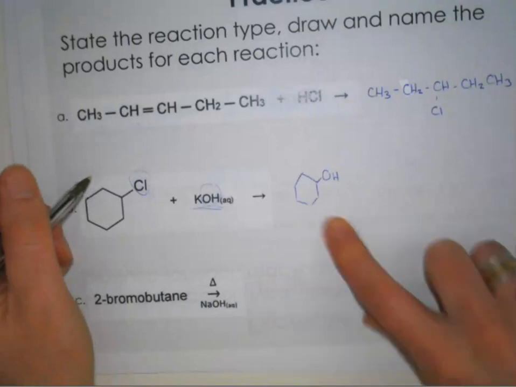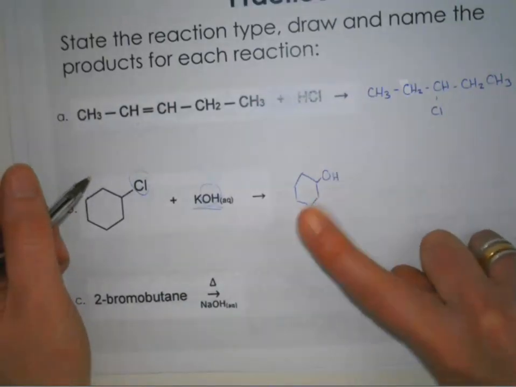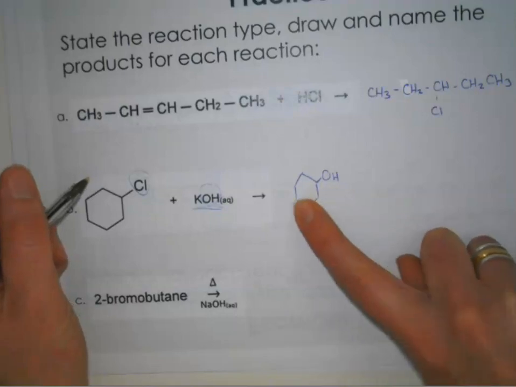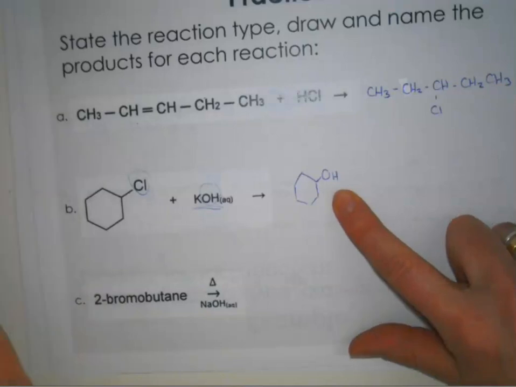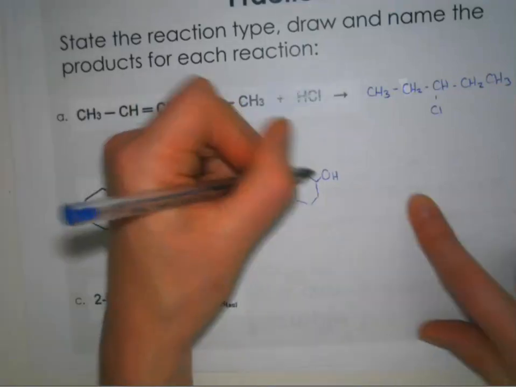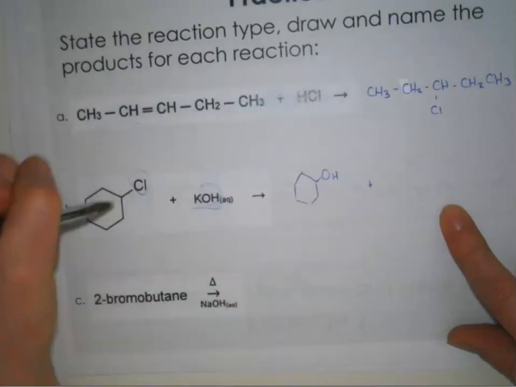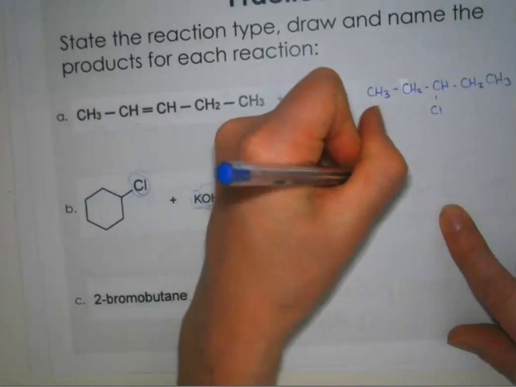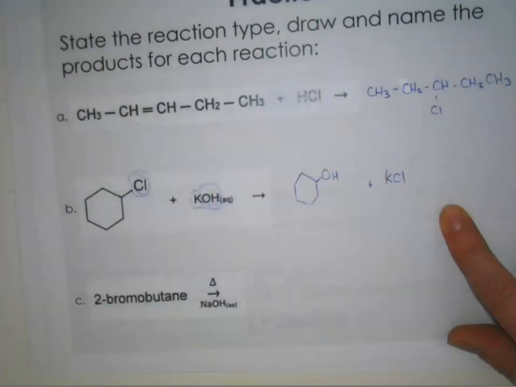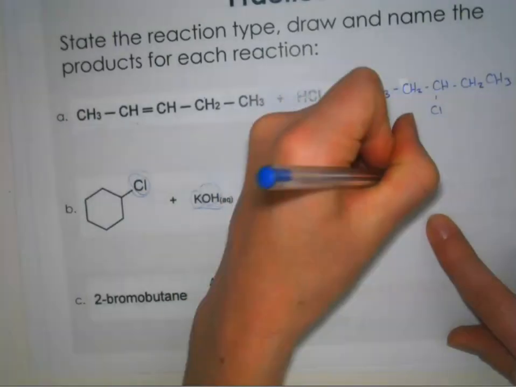That would be cyclohexanol, because it's an alcohol and it's cyclohexane. You don't have to give a number for the alcohol functional group because there's only one group there. As our other product, the potassium is going to link up with the chlorine, so we're also going to have potassium chloride, and that would be aqueous if you had to worry about that.